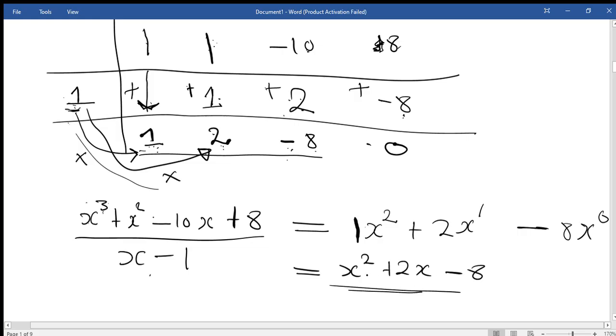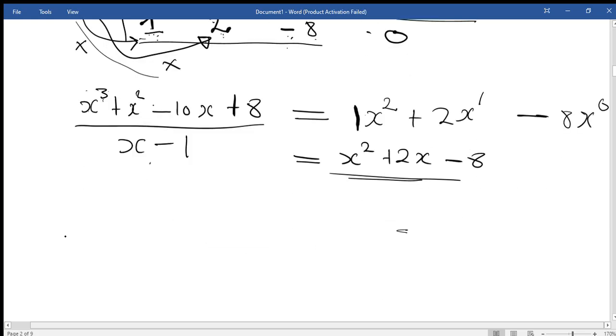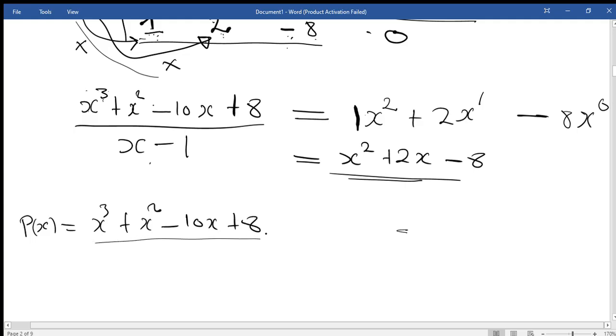So with the way we've done the division, the polynomial p of x, which is equal to x power 3 plus x squared minus 10x plus 8, can be written in terms of its factors.